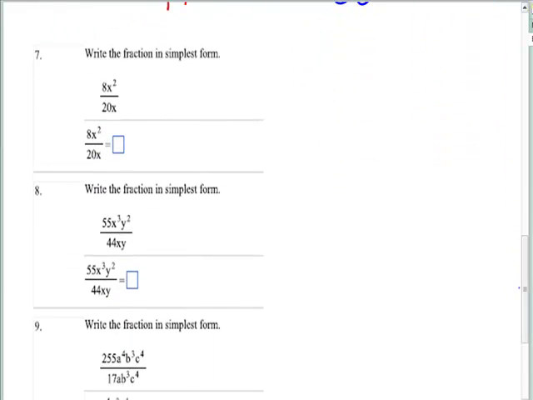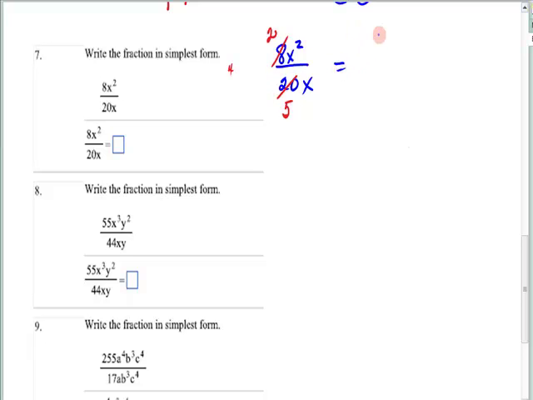All right, let's take a look at number 7. I have 8x squared over 20x. Let's take care of the numbers first. What will go into both 8 and 20? Well, 4 will. 4 goes into 8 2 times. 4 goes into 20 5 times.